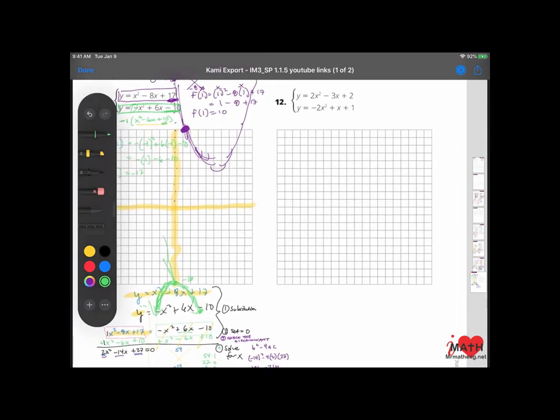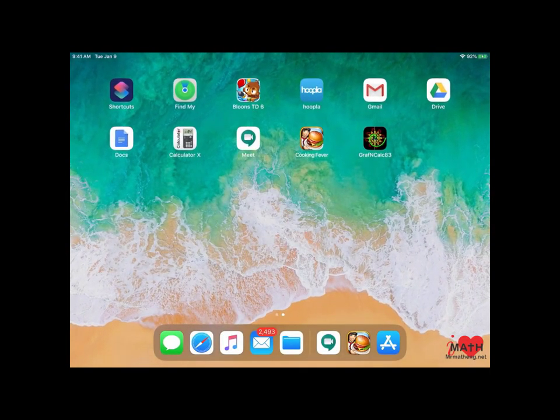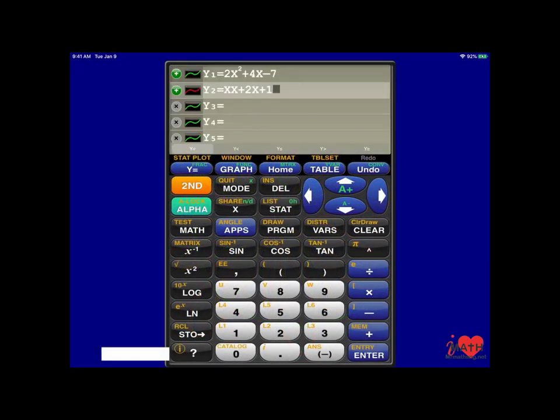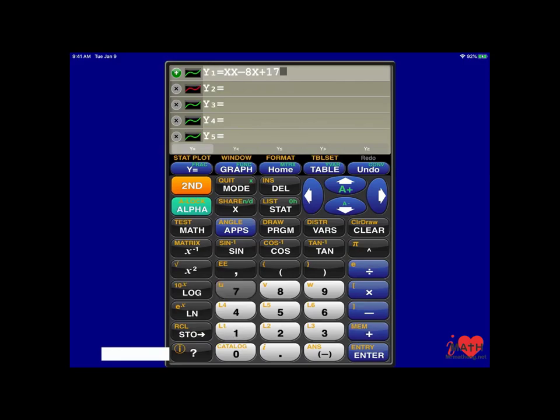So let's go ahead and put that into our calculator, and I can show you this by graphing. You can always use decimals. I'm using this one called Graphing Calc 83 Pad. I'm not sure if it's available for Android, but x squared minus 8x plus 17.